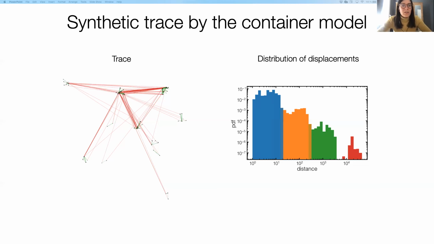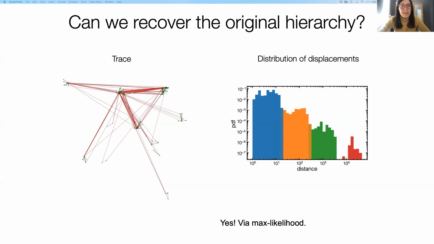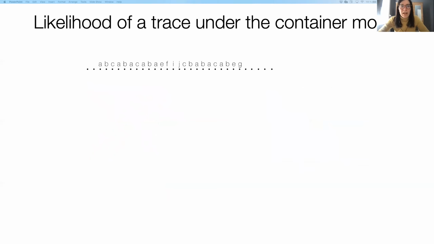And this is traces generated by the model. Now let's imagine that we didn't know the color. Let's imagine we only saw this trace generated by our model, and we didn't know at which scale, at which level, each transition occurred. Well, can we go back to the original hierarchy? So can we recover the original hierarchy? The answer is yes, because our model is clearly defined. So we can simply write the likelihood for a given displacement to occur, given a certain partitioning of the locations.